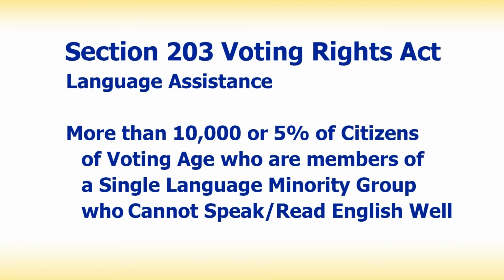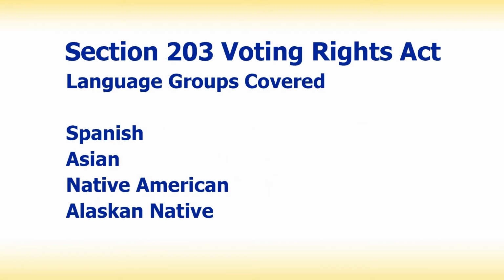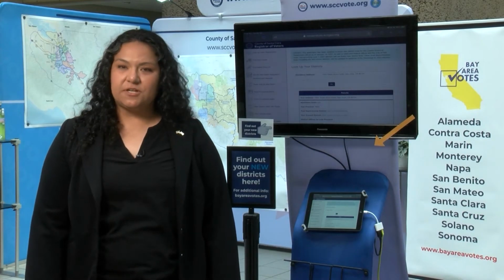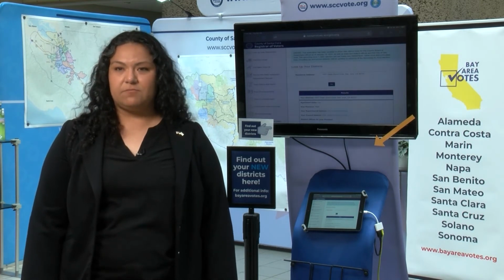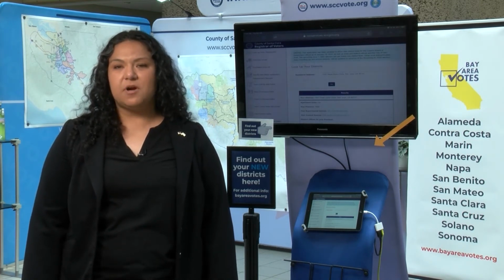The law includes provisions where there are either more than 10,000 or more than 5% of citizens of voting age who are members of a single language minority group who cannot speak or read English very well. Historically, the languages covered under Section 203 are of Spanish, Asian, Native American, and Alaskan Native groups.